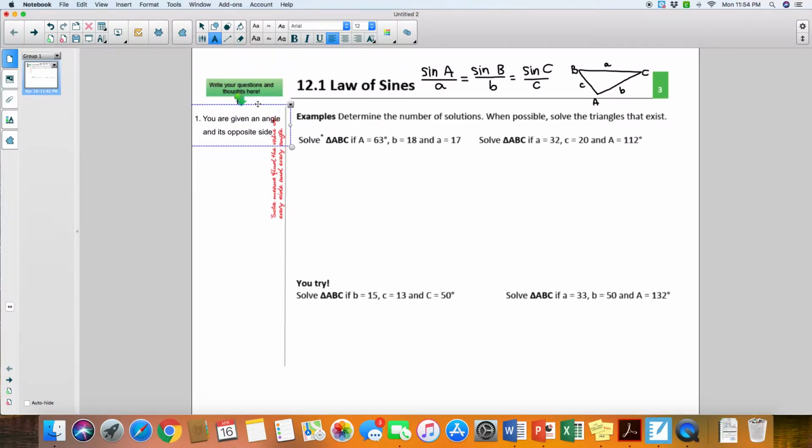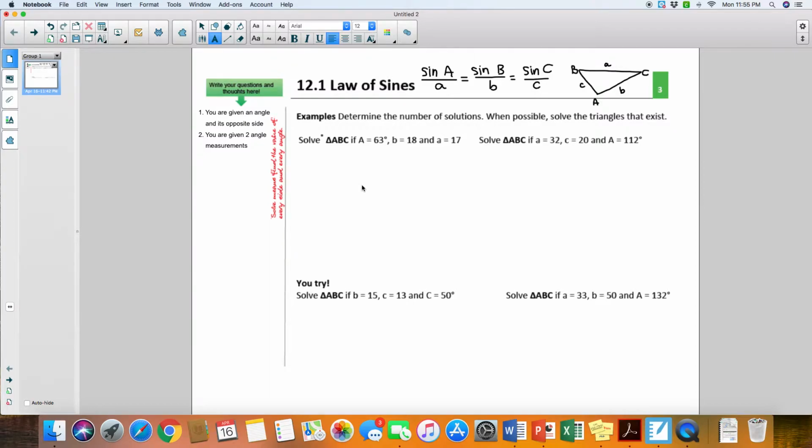So if you are given an angle and its opposite side, you will use law of sines. And then reason number two would be if you are given two angle measurements. So if your information fits one of the two criteria, then that's when you use law of sines.